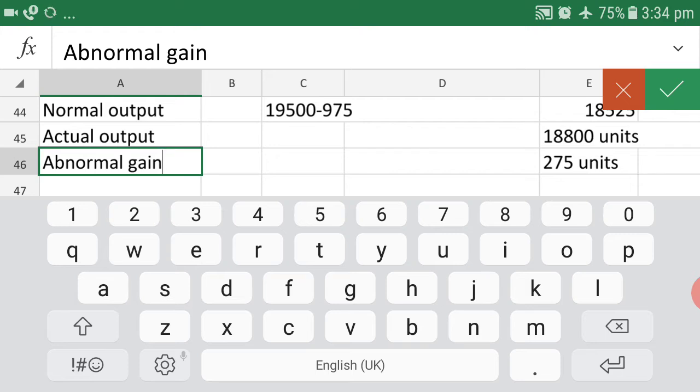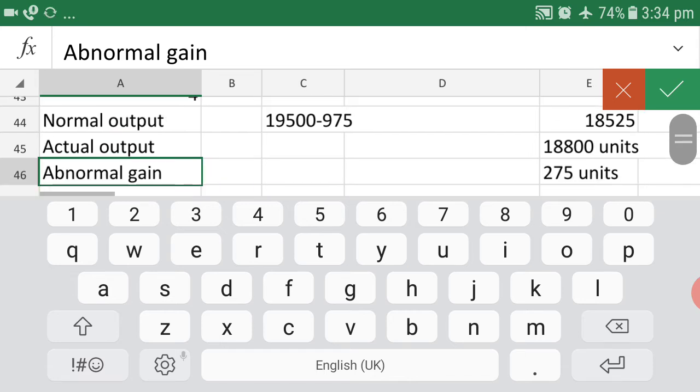See students, I will explain again how we calculate normal output. Normal output is the opening input 19,500 minus normal loss, which we calculated already as 975. Then we get the normal output.